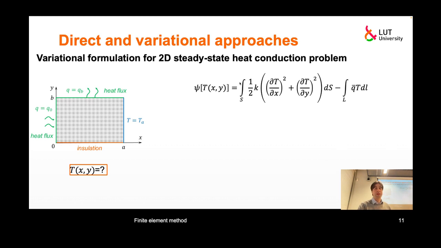Okay, so there is an integral across the area of this domain of this quantity. K is heat conductivity, and those are partial derivatives, and that's this first term. The second term is about boundary conditions. It's about heat flux prescribed on the boundaries.